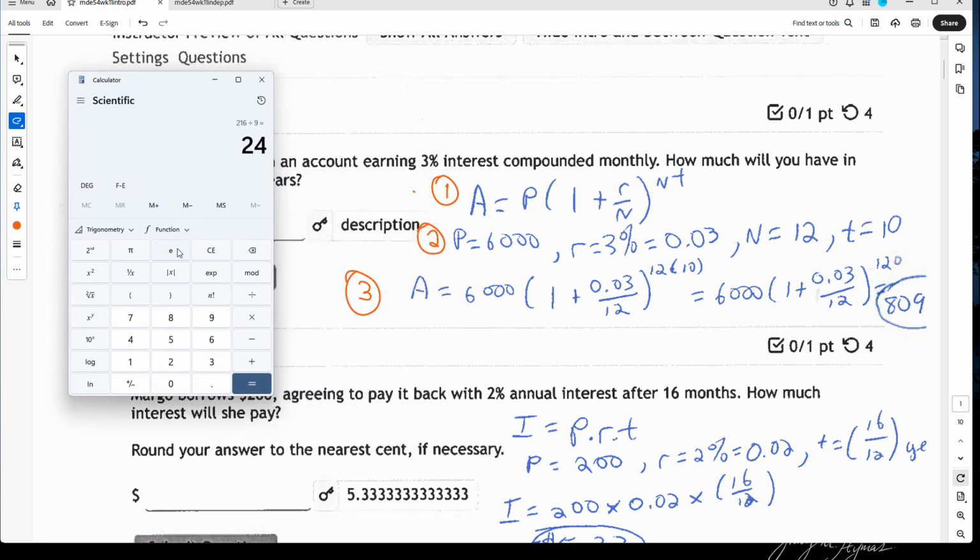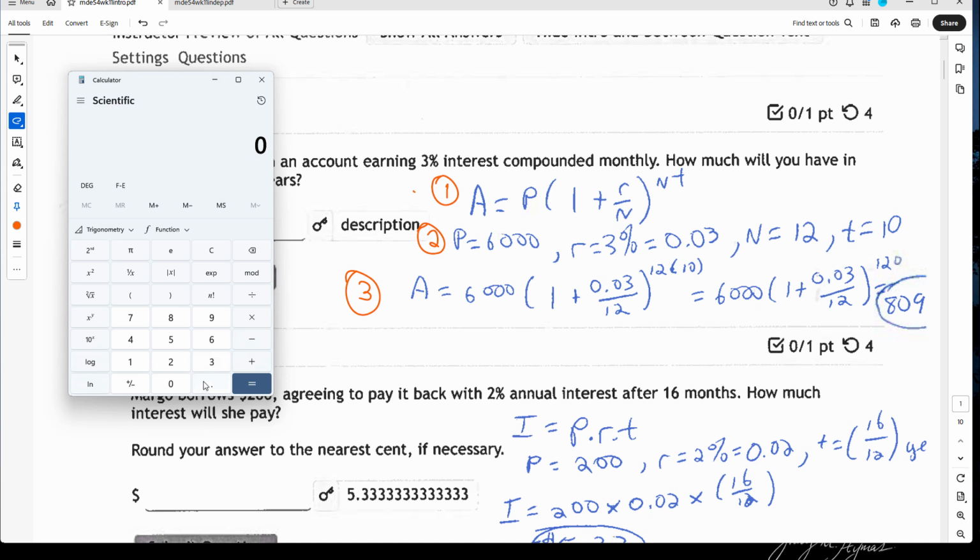So I'll start with what's in the parentheses there. I simplified the exponent, 12 times 10, to the 120th power. Then I can go ahead and focus on what's in here.